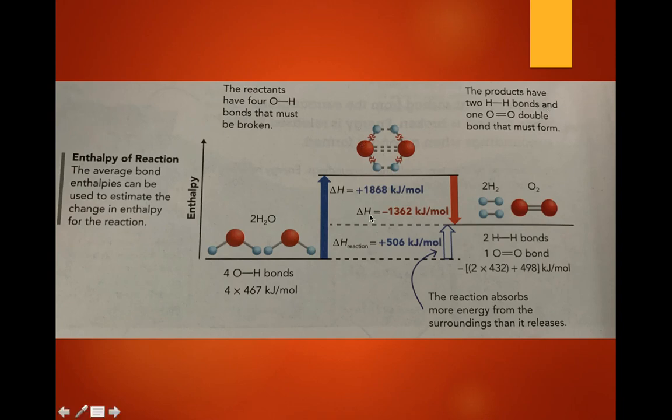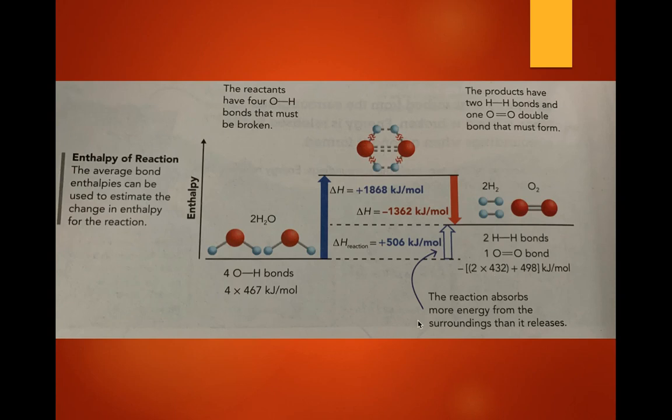So we're going to flip that enthalpy sign because the energy is released. We have 2 hydrogen-hydrogen bonds, which are 432 kilojoules, and we add that to the 1 oxygen-oxygen double bond, which is 498. Altogether, it's 1,362 kilojoules. This is released, so we put a negative sign because exothermic processes have a negative delta H.